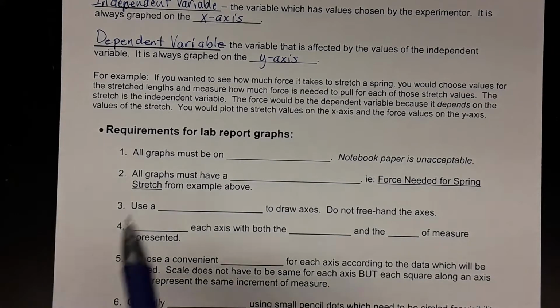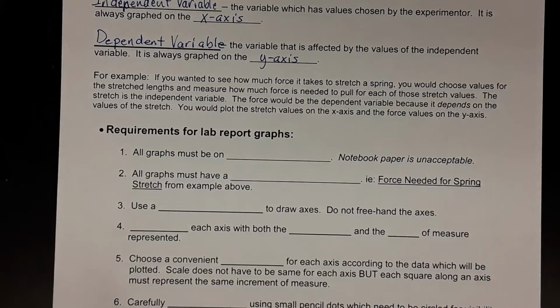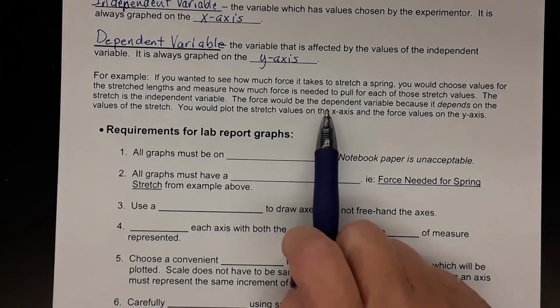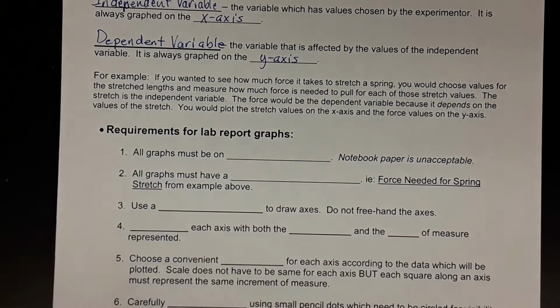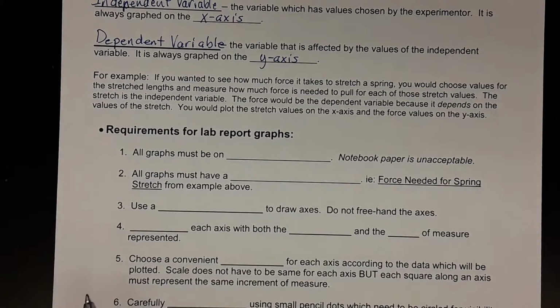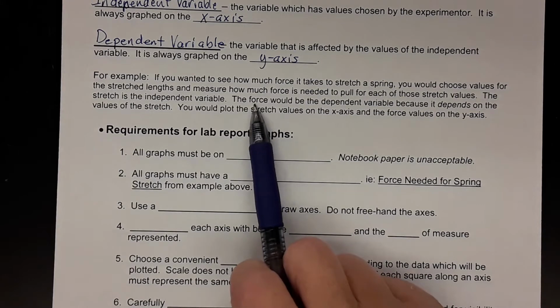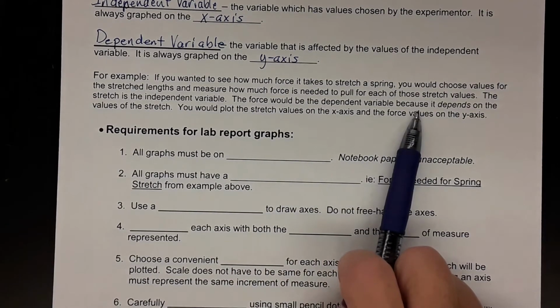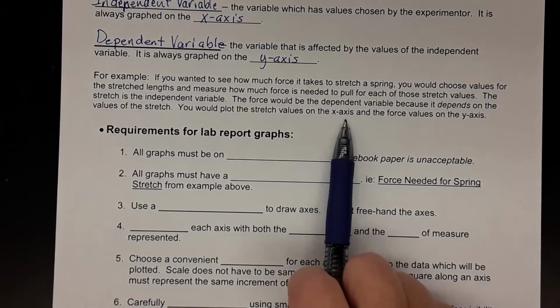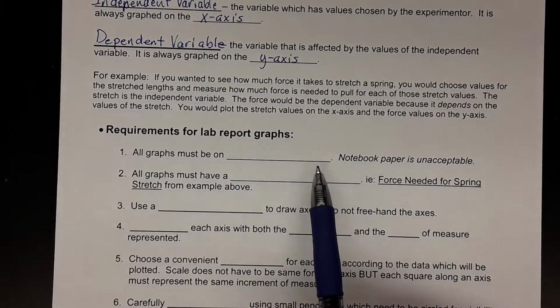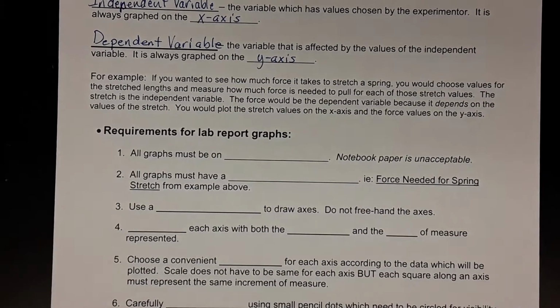Then I could measure the amount of force it took to pull the spring to those particular stretch values. That would make the force the dependent variable because it depended on the value of the stretch I wanted. So I would plot the force as the dependent variable on the y-axis and the stretch that I chose on the x-axis because the stretch, since I chose it, would be independent.